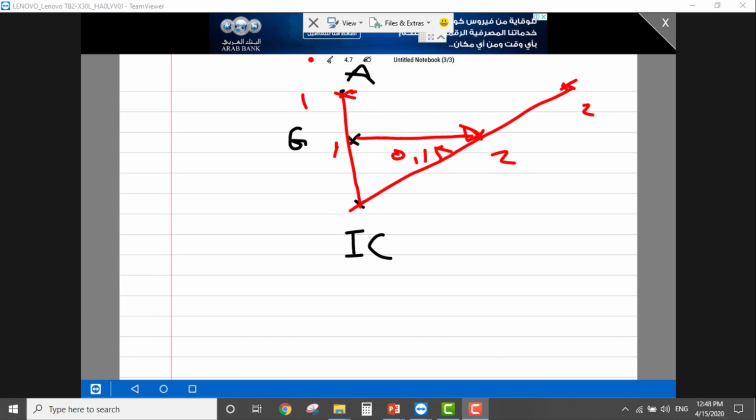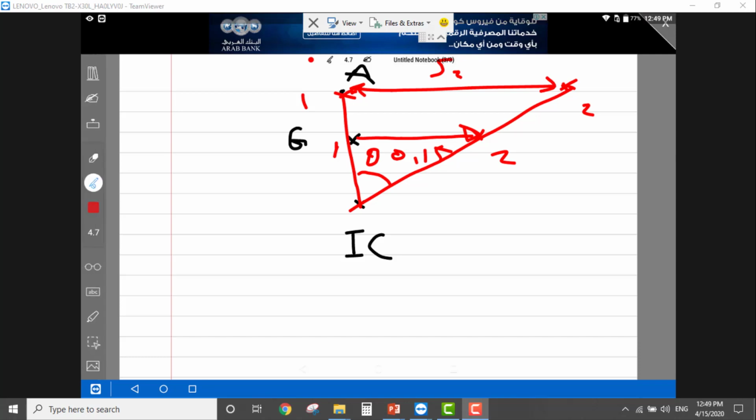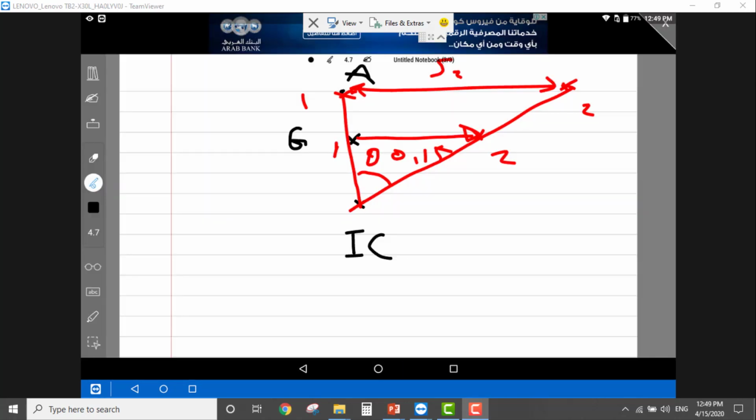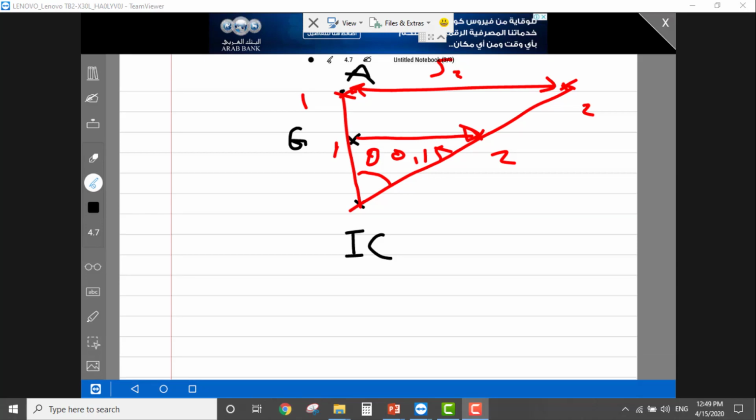This distance is unknown, and we can call it S2, the new stretching. So this theta is unknown as well as S2.